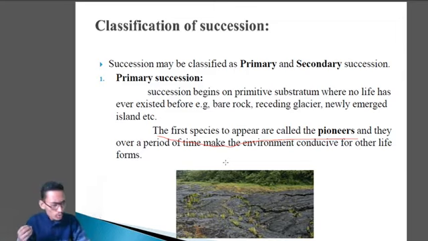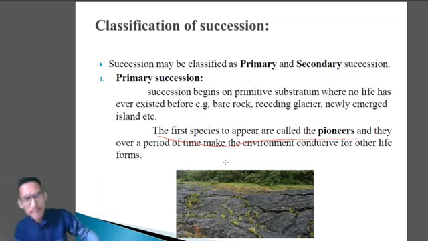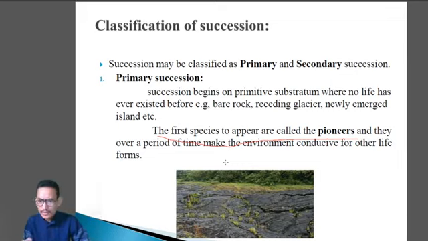So soil will be absent in such a habitat, and there will be no organic matter. So for the occurrence of life, it is very, very tough. For the survival of the community and the existence of species it will be very tough, because there is no soil and no organic matter, which are essential for the growth of plants or the survival of animals. So primary succession takes a very long period of time.